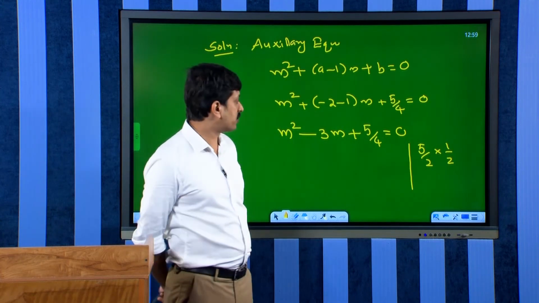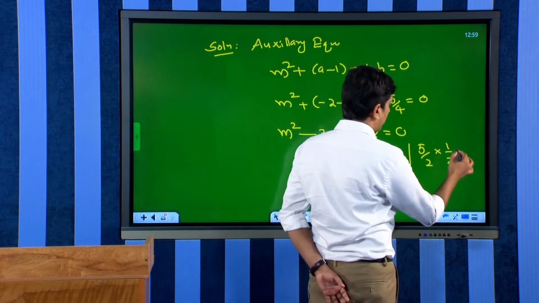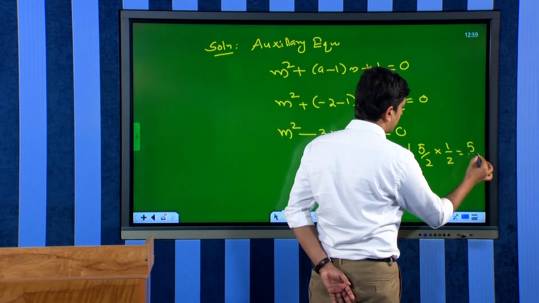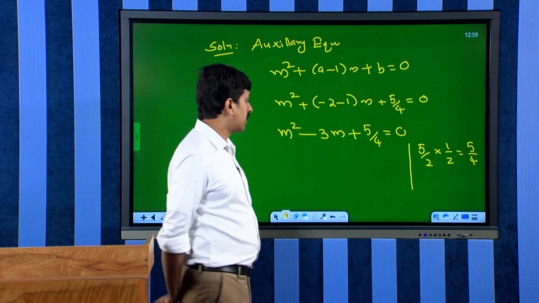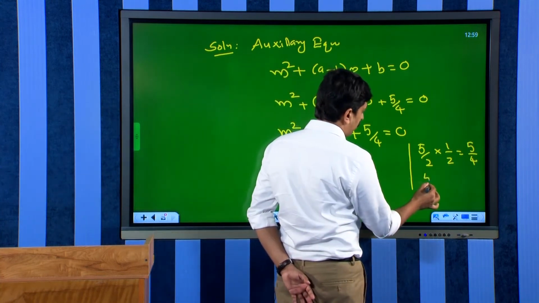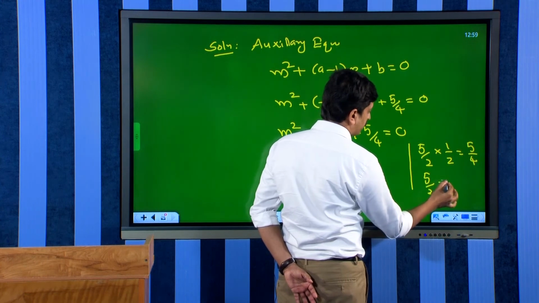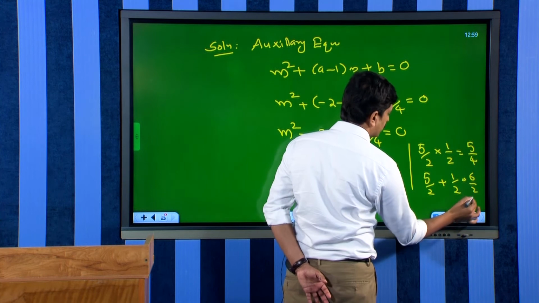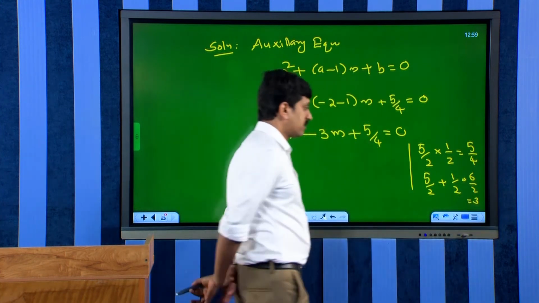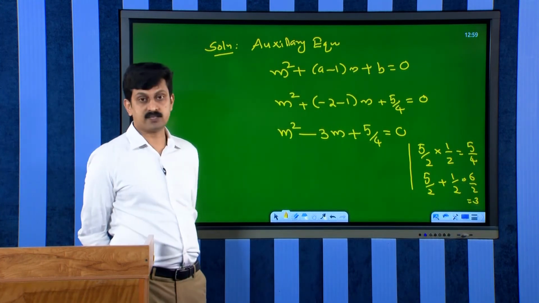5 by 2 into 1 by 2 is 5 into 1, that is 5, divided by 2 into 2, which is 5 by 4. Now 5 by 2 plus 1 by 2 is 6 by 2, which is 3, but we have to get minus 3.